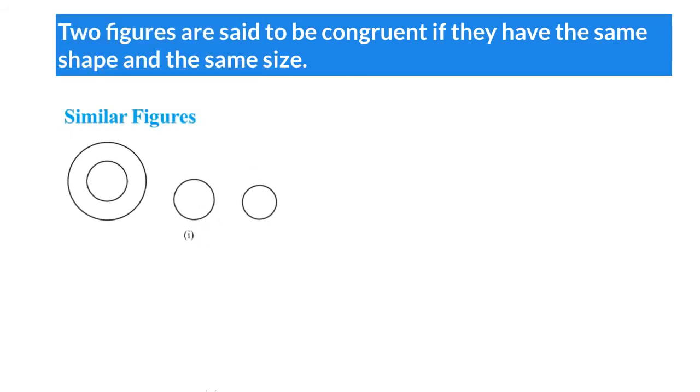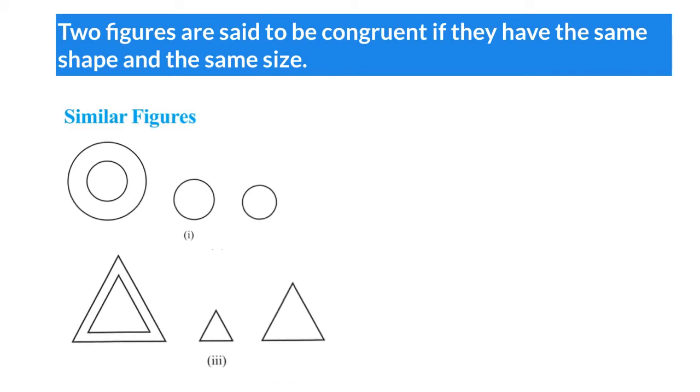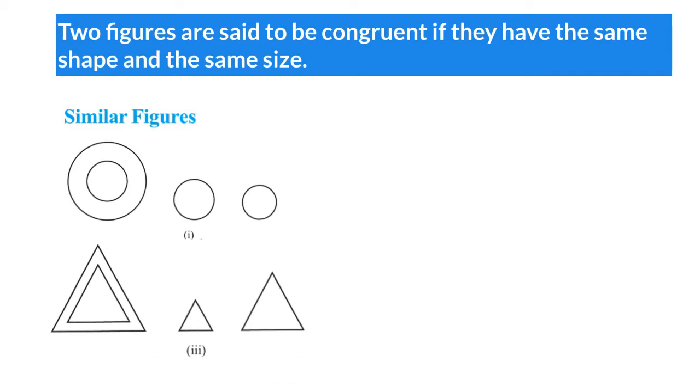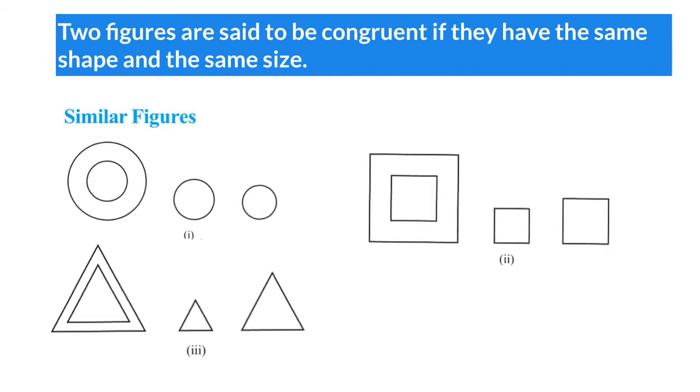Look at these circles. They have the same shape but the sizes of the circles are different. So they are similar. Let's look at the triangles. Same shape but different sizes. So they are similar figures. What about this? Same shape but different sizes. So similar figures are figures that have the same shape but not necessarily the same size.